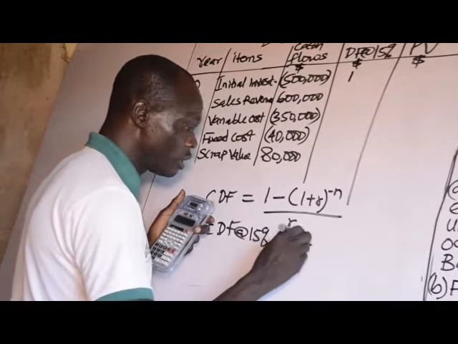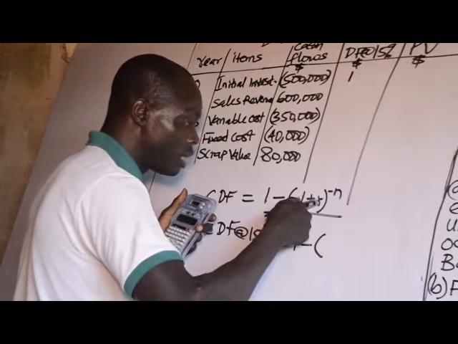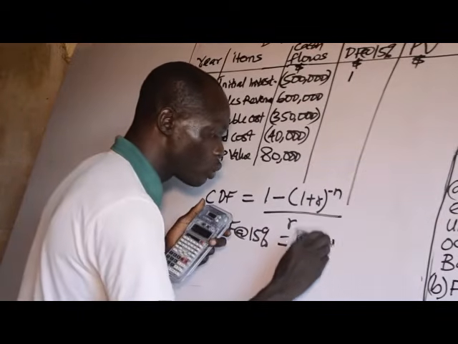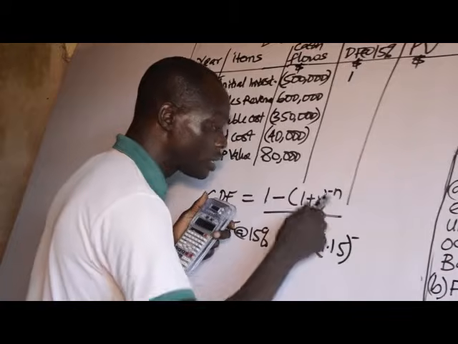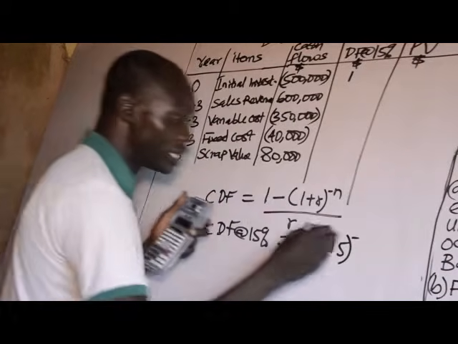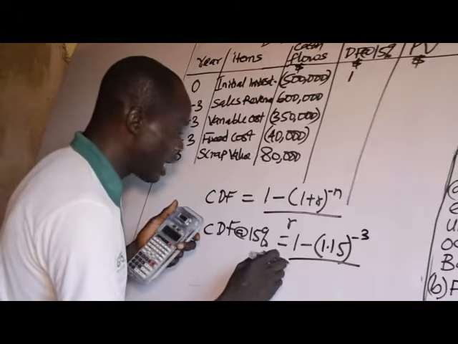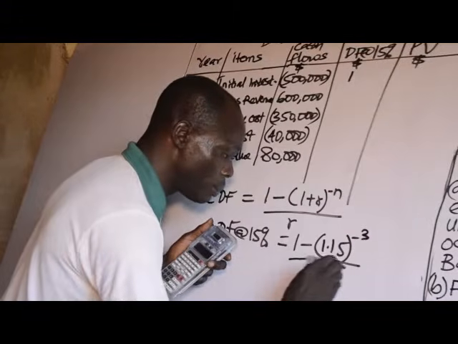So we have cumulative discount factor at 15% cost of capital: 1 minus 1.15 raised to power minus n. Number of years is 3 years, over r. R is the discount rate, which is 15%, 0.15.